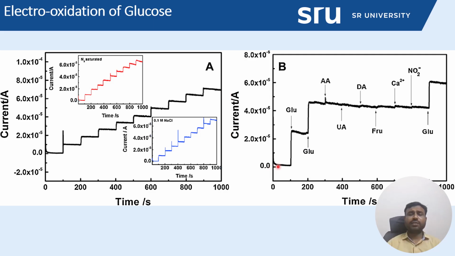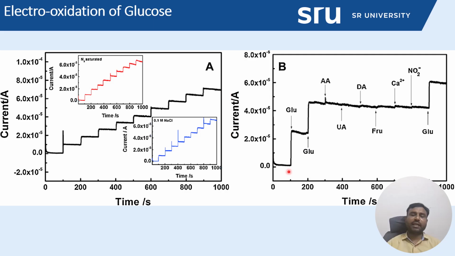We can see that there is no oxidation peak current change because we did not add any analyte molecule into the solution. We performed the amperometric studies under stirring condition, because the rapid, diffusion controlled reaction occurs more under stirring. Hence we performed the amperometric signal under stirring. So up to 100 seconds we did not add any.